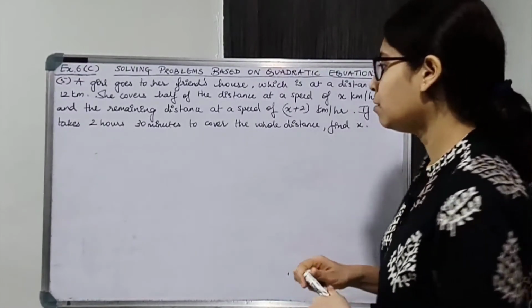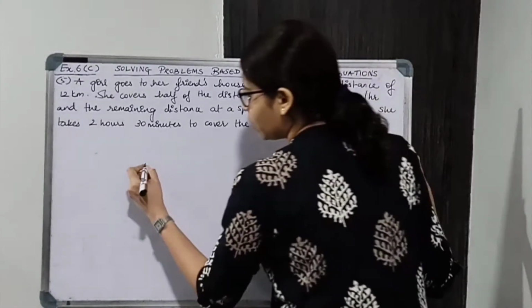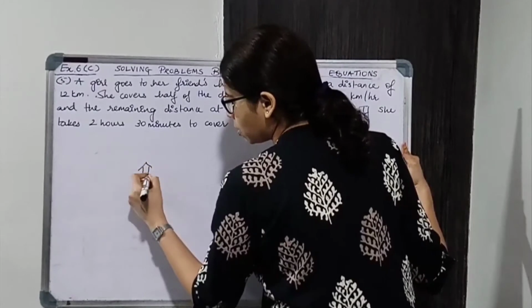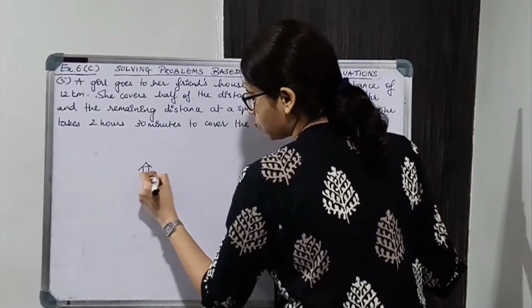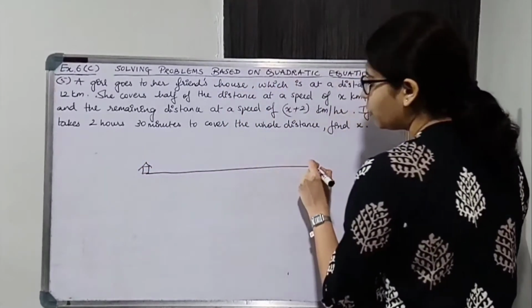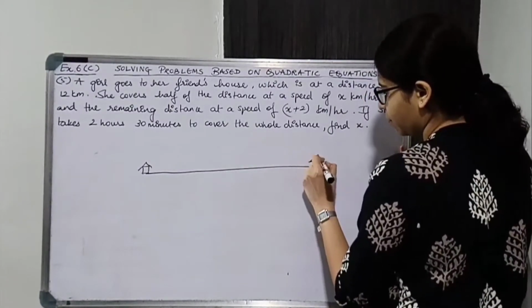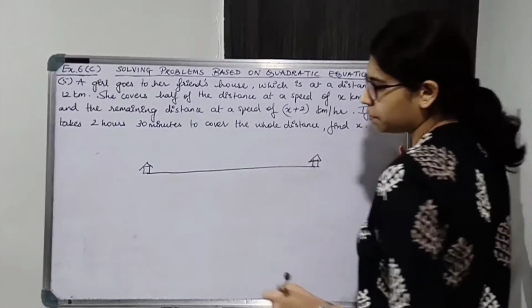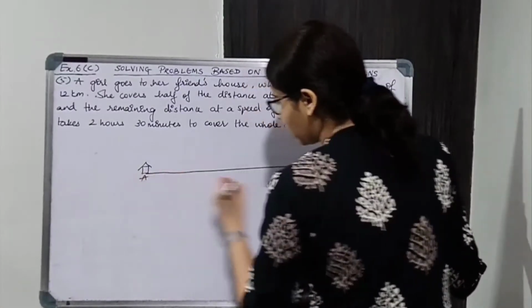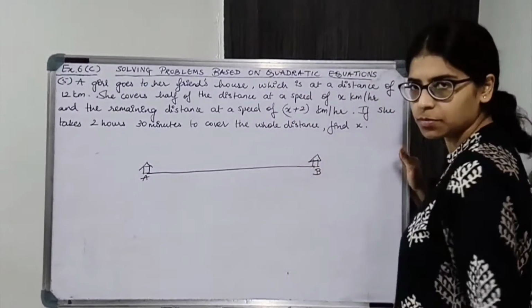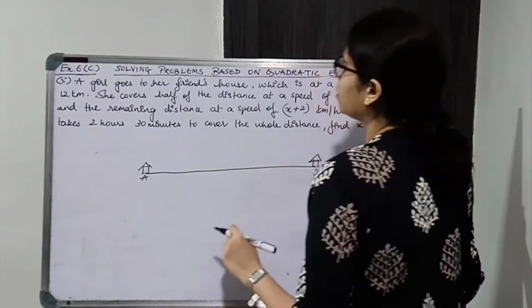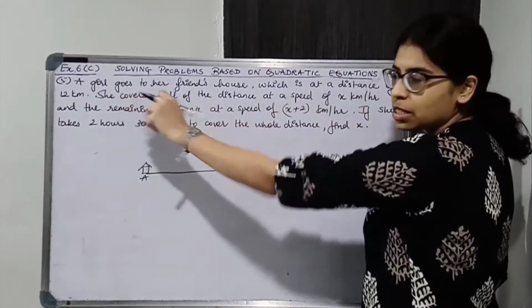So let's say she is going from her house to her friend's place. Okay. All right. So she is going from A to B. Okay. And the distance is 12 km.